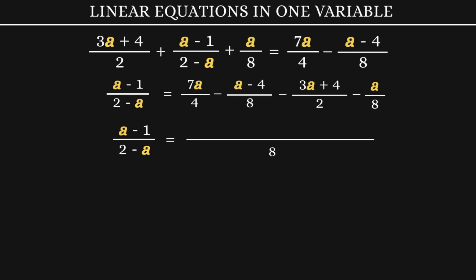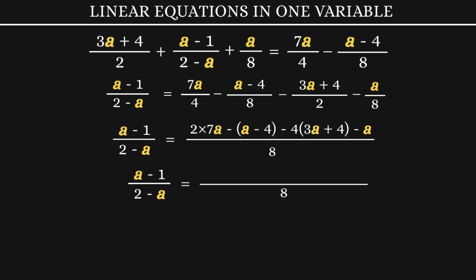And in the numerator, we get 2 into 7a minus of a minus 4 minus 4 into 3a plus 4 minus a. That simplifies to 14a minus a plus 4 minus 12a minus 16 minus a.